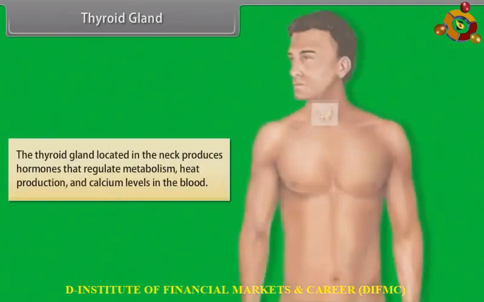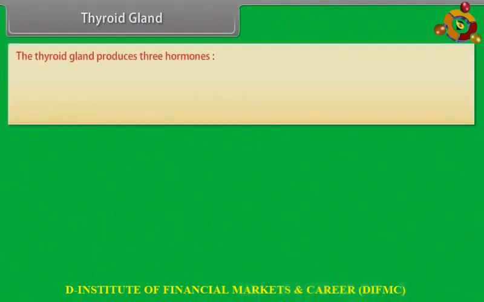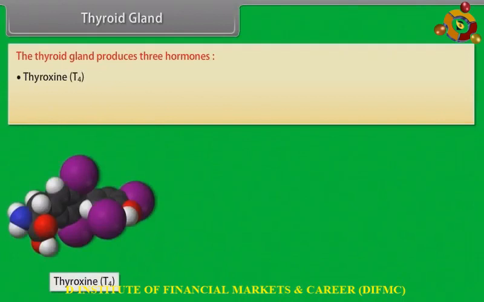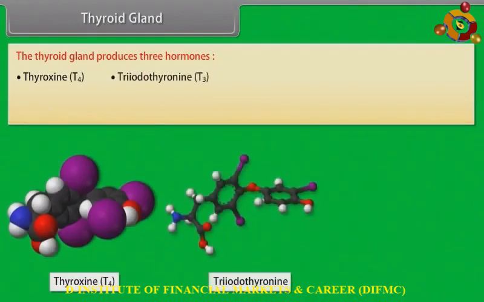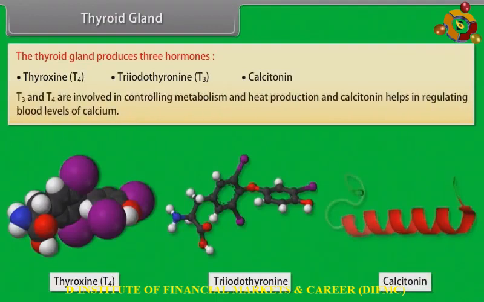The thyroid gland located in the neck produces hormones that regulate metabolism, heat production, and calcium levels in the blood. The thyroid gland produces 3 hormones: thyroxine, T4, triiodothyronine, T3, calcitonin. T3 and T4 are involved in controlling metabolism and heat production, and calcitonin helps in regulating blood levels of calcium.